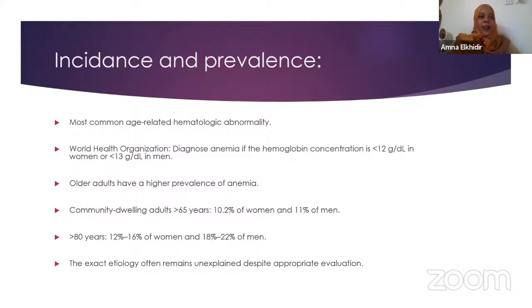Older adults have a high prevalence of anemia. In people aged more than 65 years, 10.2% of women and 11% of men have anemia. In those more than 80 years old, 12 to 16% of women and 18 to 22% of men have anemia. Usually, the exact etiology is often unexplained despite appropriate evaluation.